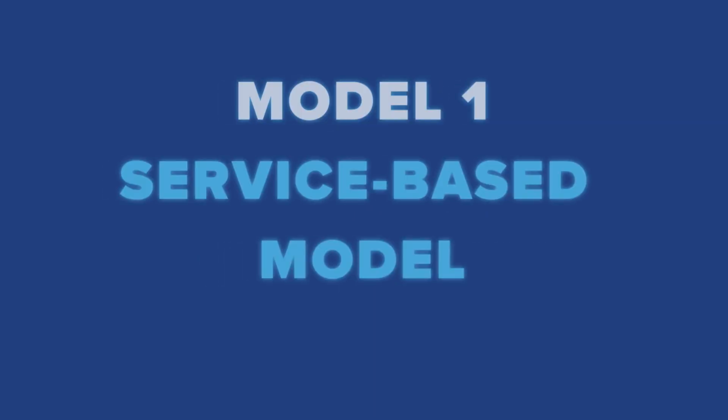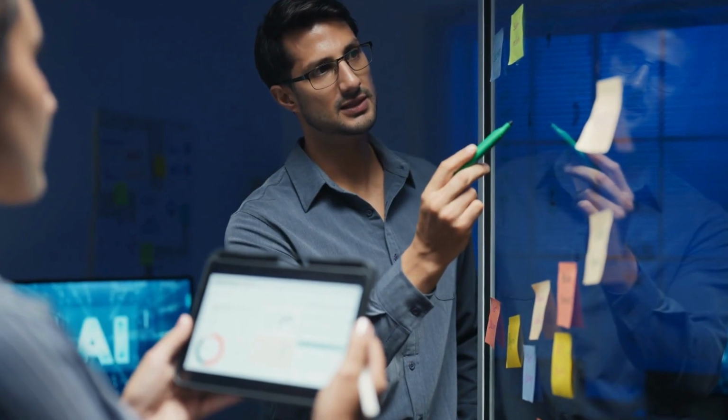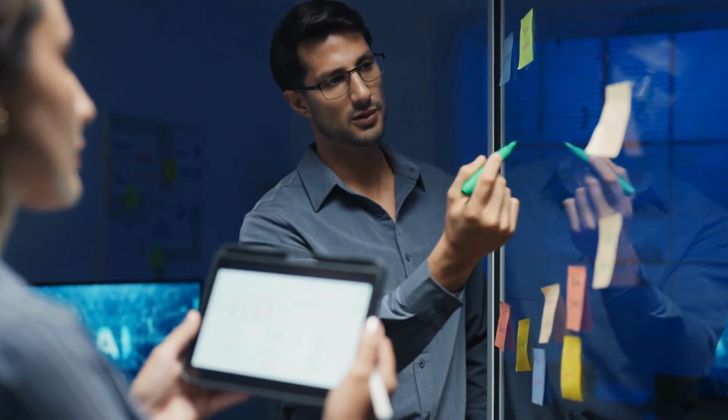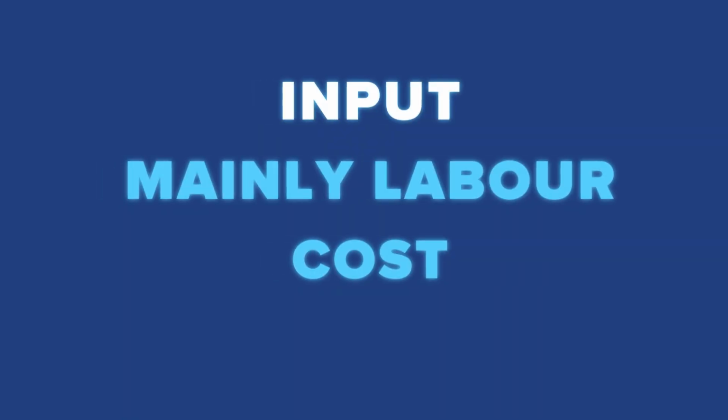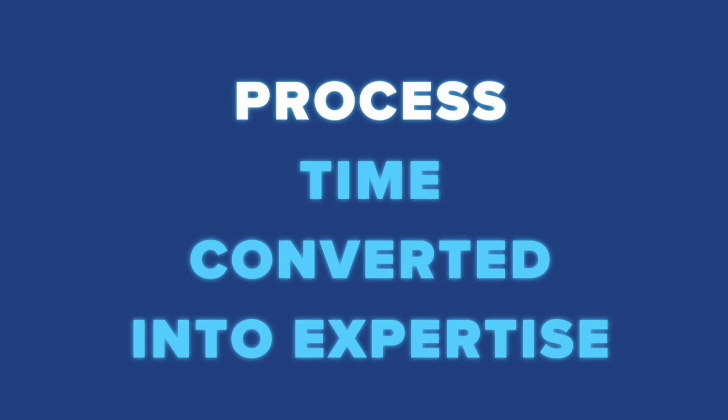The first model is the service-based model. Examples of these are consultants, accountants, tradespeople, and even agencies. Looking at the financial structure, the input is mainly labor costs. The process is time converted into expertise.